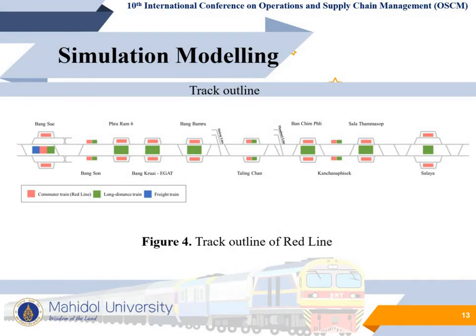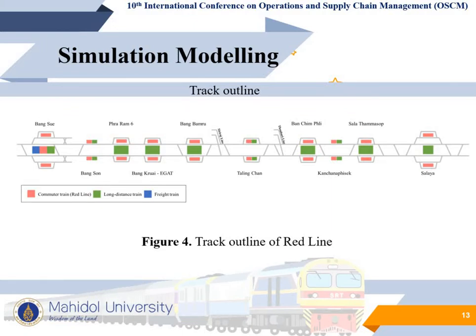The operation plan for the Red Line uses 3 train types. The commuter train is normal operations controlled by fixed block. There is a 30-second stop time for each station.